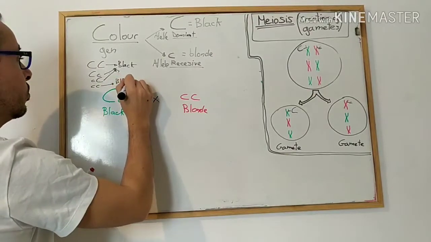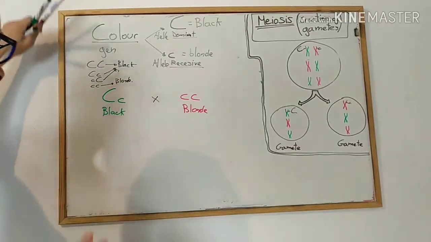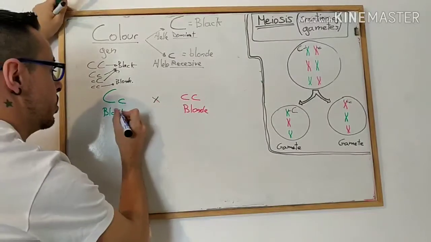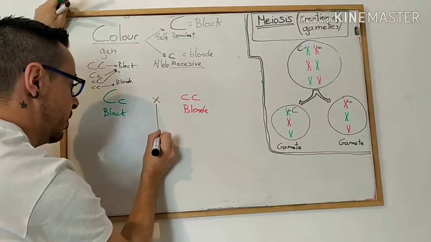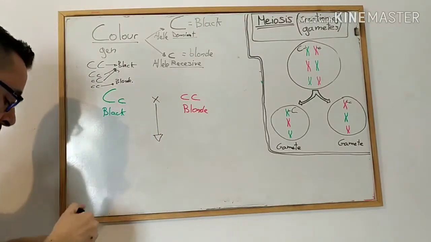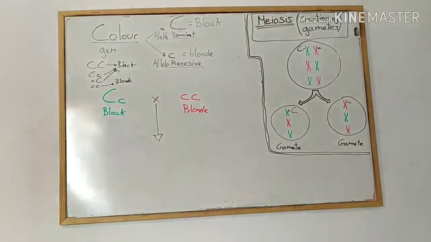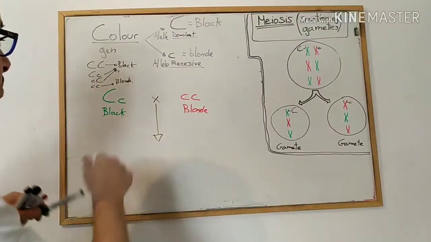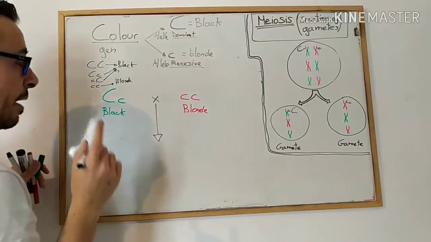Take this into account. So when we cross the father and the mother, the possibilities are, this one is going to produce gametes.